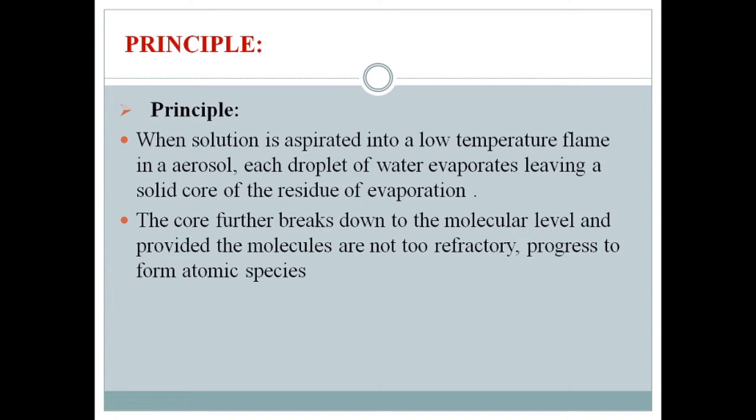Principle of flame photometer: when the solution is aspirated into a low temperature flame as an aerosol, each droplet of water evaporates, leaving a solid core of the residue of evaporation. The core further breaks down to a molecular level, and if the molecules are not too refractory, they progress to form atomic species.